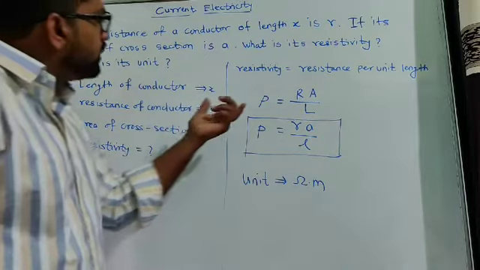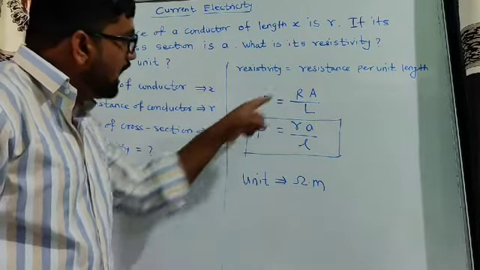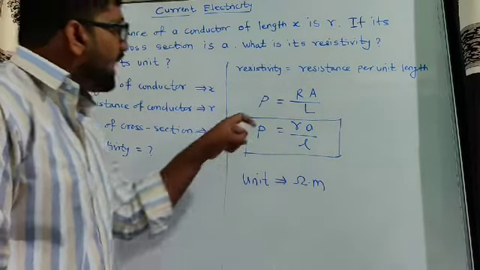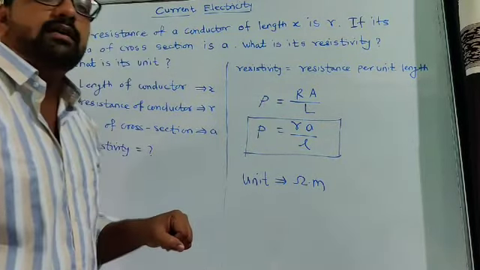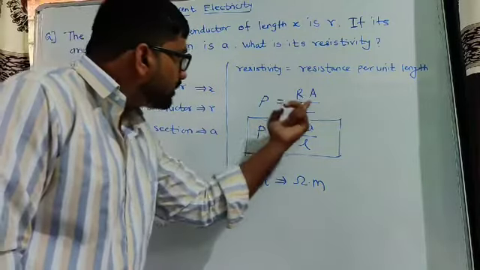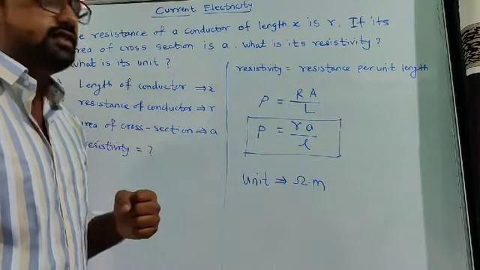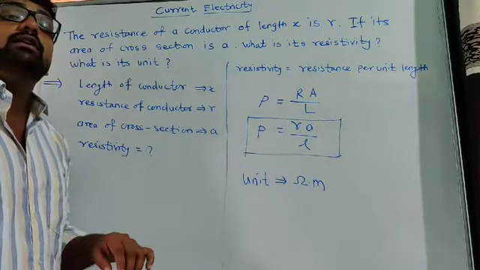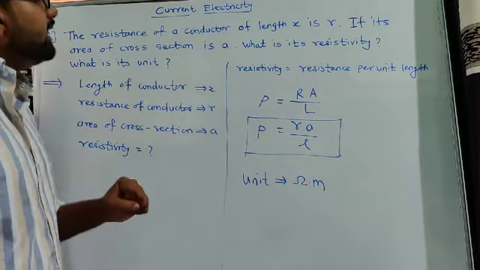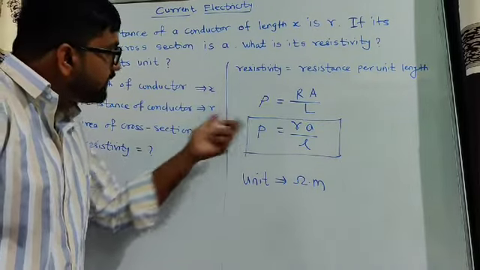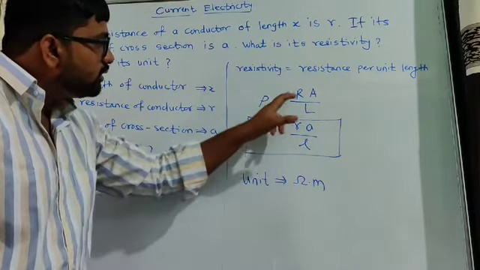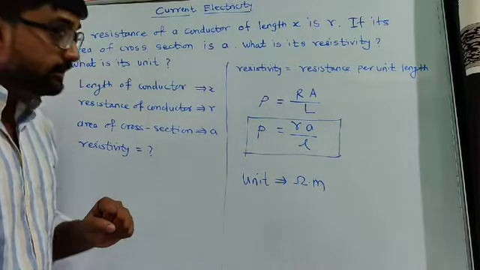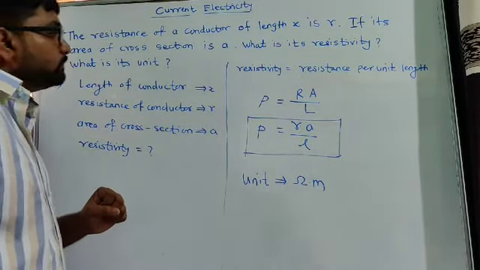And we know the formula of resistivity is R into A divided by L, where R is the resistance of that particular conductor, A is the area of cross section, and capital L is the length of the given conductor. So simply here we know the formula of resistivity rho, which is equal to capital R capital A divided by capital L. But now here what happened?